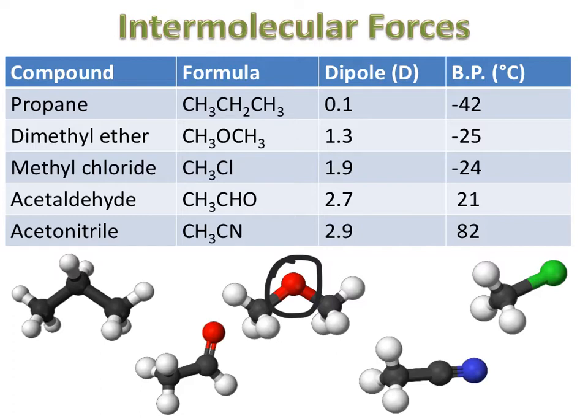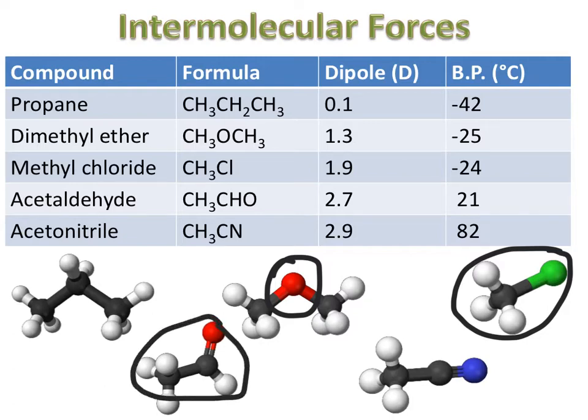Methyl chloride is right here. It has a chlorine on the end of it. It has a fairly high dipole, boiling point minus 24. Acetaldehyde is down here. As you can see, it has a double bonded oxygen on it.